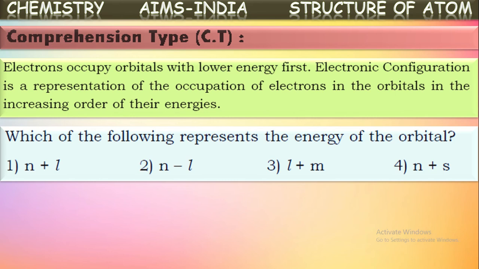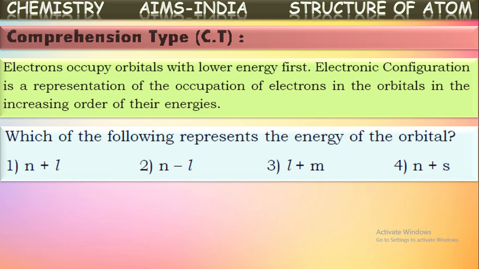Actually, in the absence of a magnetic field or electric field, the energy of the orbitals is compared in terms of azimuthal quantum number and principal quantum number values. The sum of these numbers will be considered to compare the energies of the orbitals.